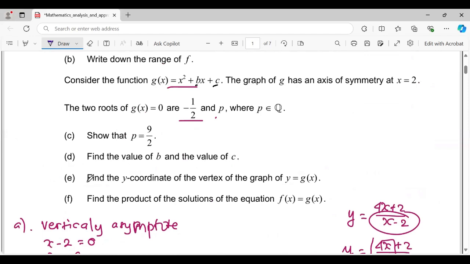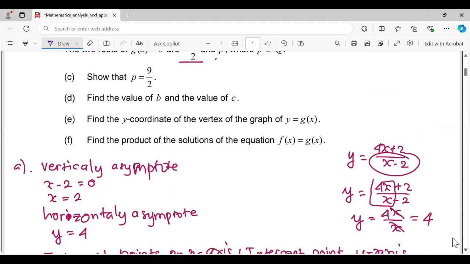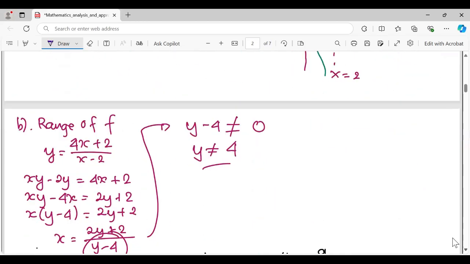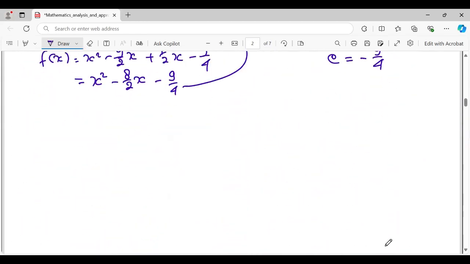Next, find the y coordinate of the vertex of the graph of y equals g(x). To find the vertex, I'm going to change color. The function y equals x squared minus 4x minus 9 over 4.